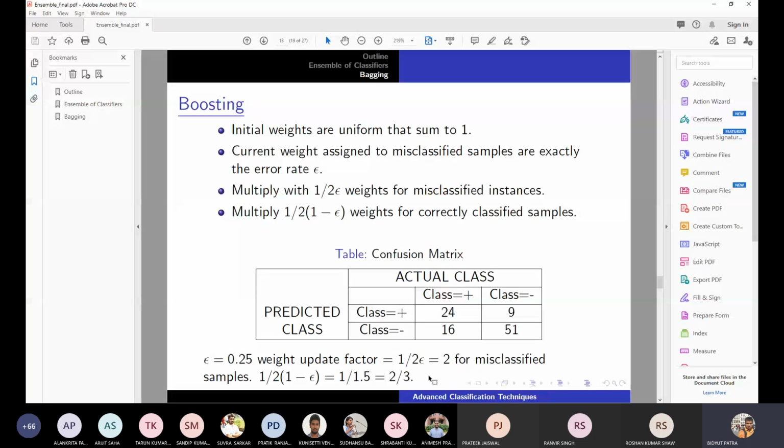What I said is, if you compute the total weight for the misclassified samples, what will the weight be? The total weight for the misclassified samples will be 2 for each sample. There are 25 misclassified samples, so the total will be 25 into 2.